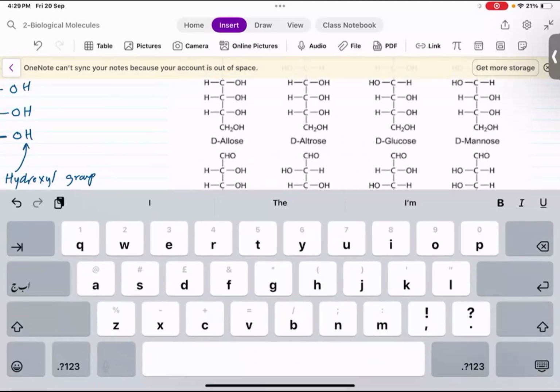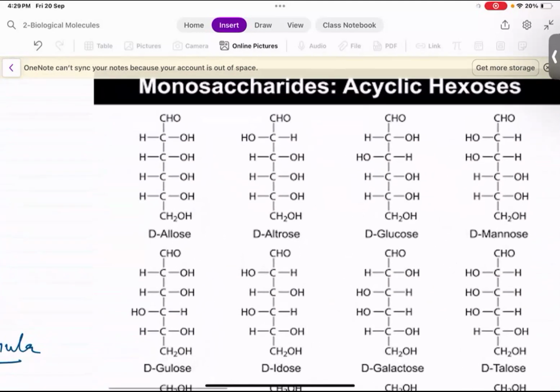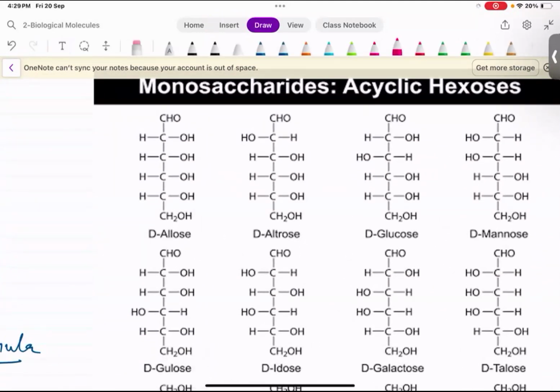Okay. So let's see if there are all hydroxyl groups on the right side. See, this is carbon number 1, this is carbon number 2, this is carbon number 3, this is carbon number 4, this is carbon number 5, and this is carbon number 6. So do you see all these hydroxyl groups on the right side?